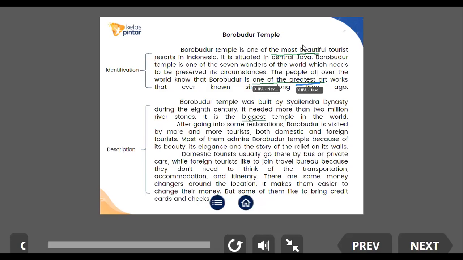There's a lot. Okay, the greatest. Okay, and many things, yeah? A lot. Okay. Banyak. So that is the example of how adjectives are used to identify the object in the descriptive text. Okay?